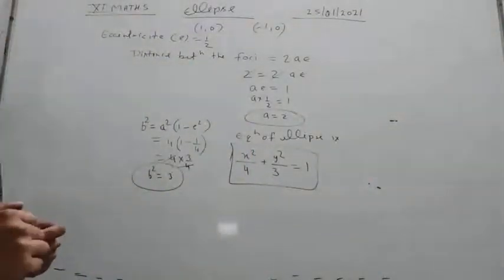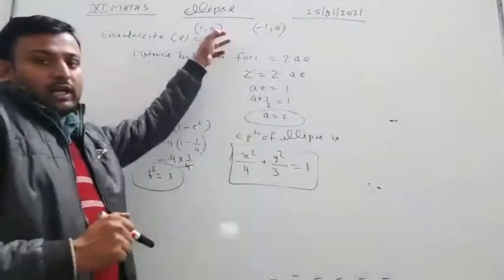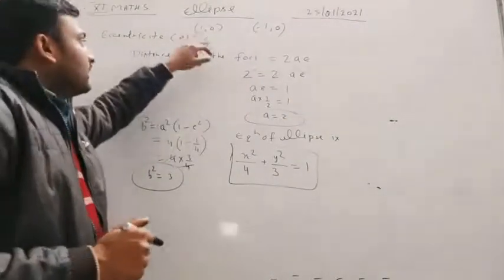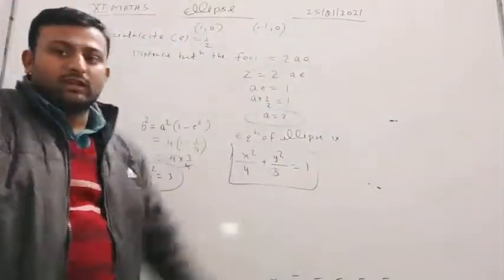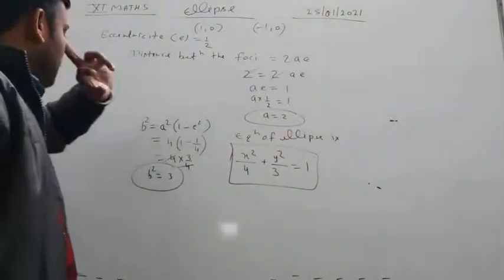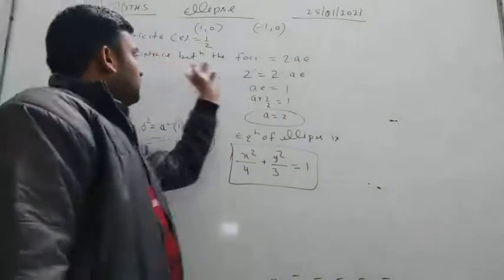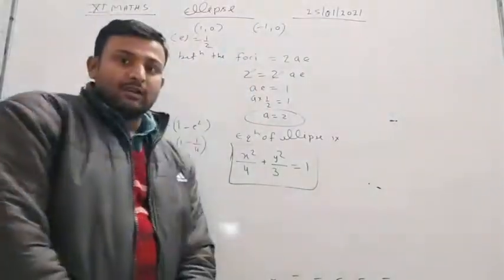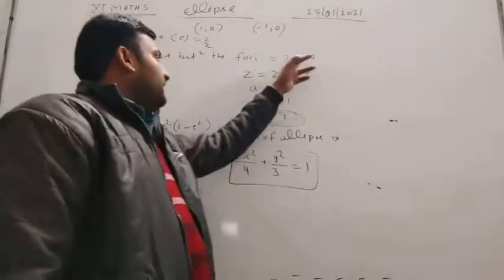In this question, we are given the foci of the ellipse, 1, 0 and minus 1, 0. The eccentricity is 1 by 2, and the distance between the two foci is 2AE.